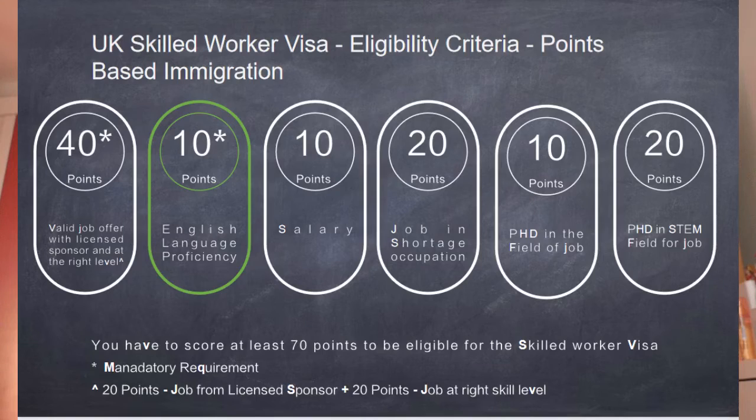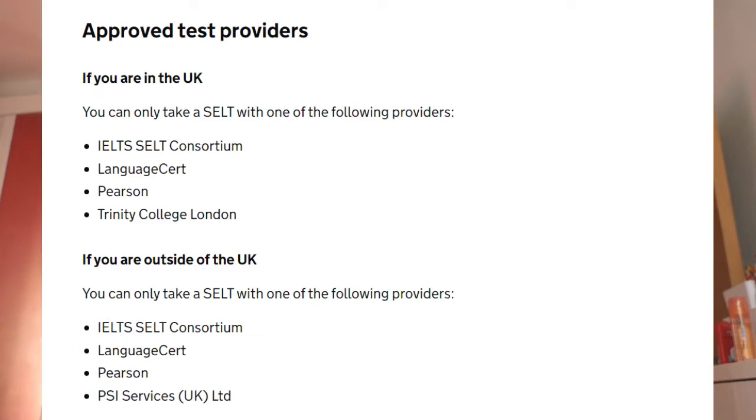From there we move to the next piece, which is your language proficiency. By that we explicitly mean your English language proficiency, and you have two ways to prove that. One is to provide your assessment through one of the language test providers, like IELTS, and there are others as well.